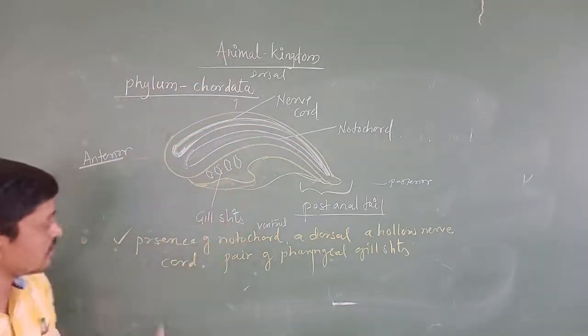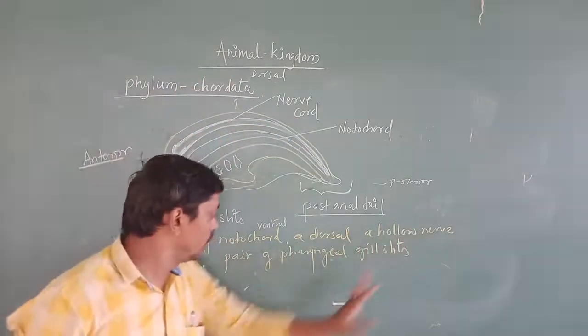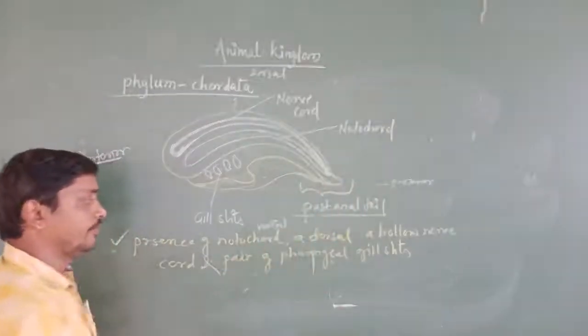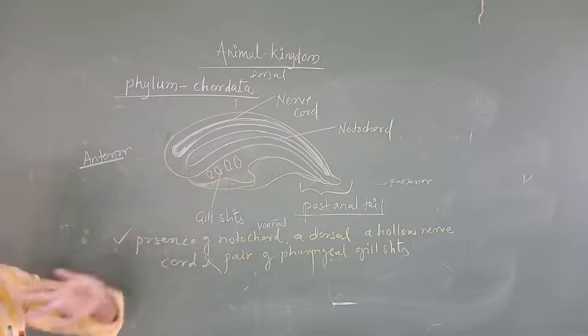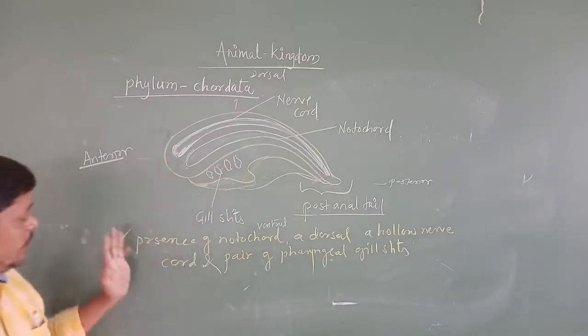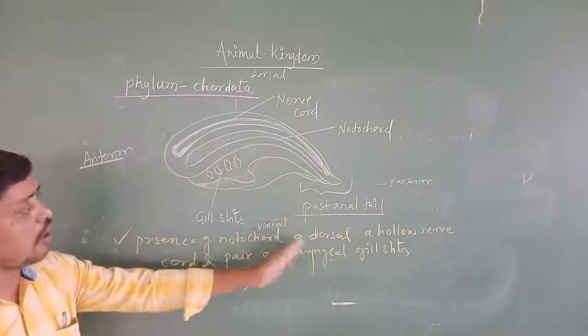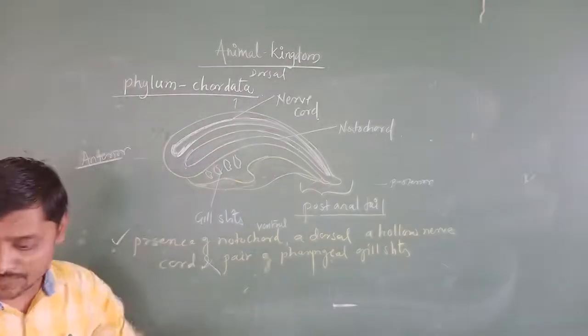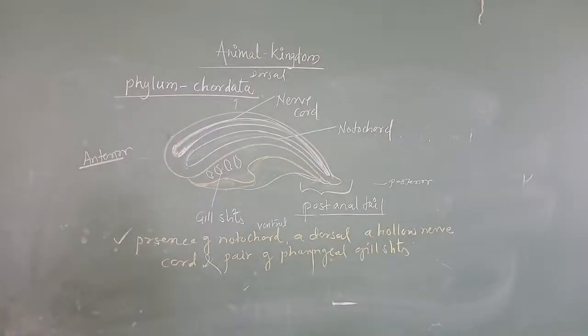A dorsal hollow nerve cord and a pair of pharyngeal gill slits. Understood? This is the presence of notochord, dorsal hollow nerve cord, and pair of pharyngeal gill slits. This is the first fundamental character.